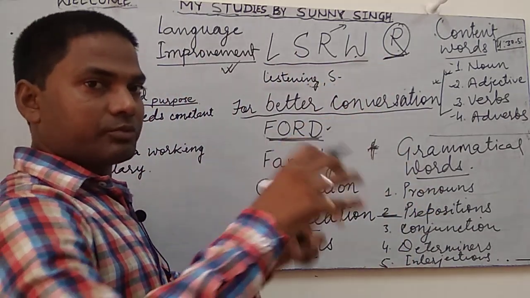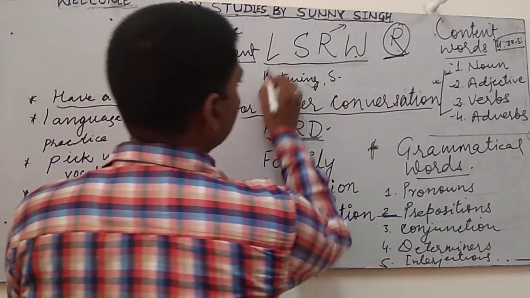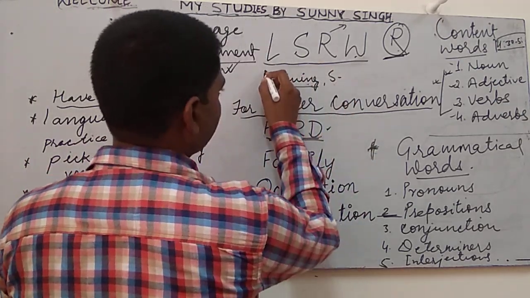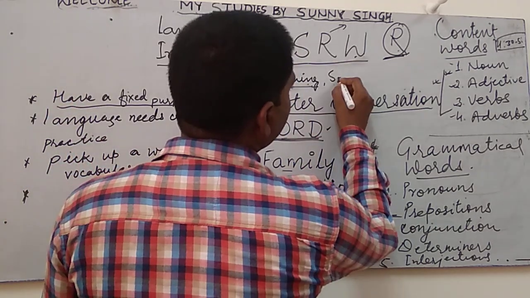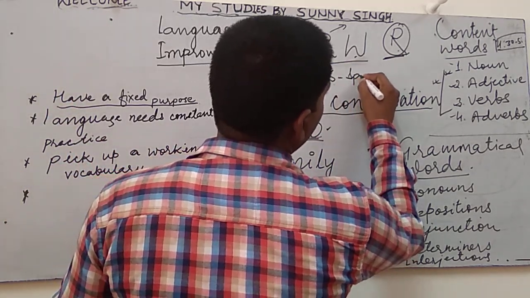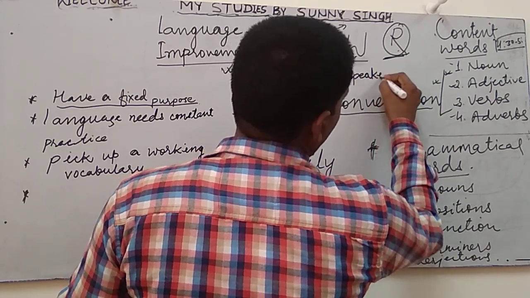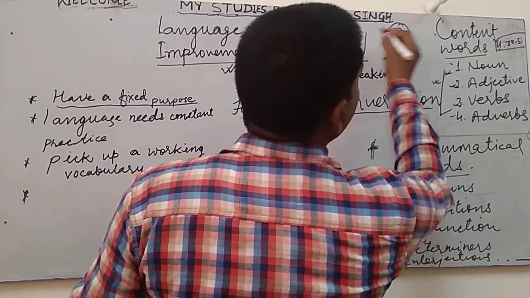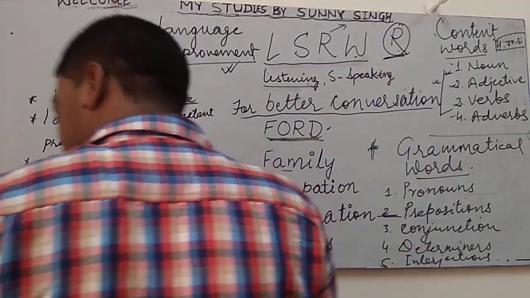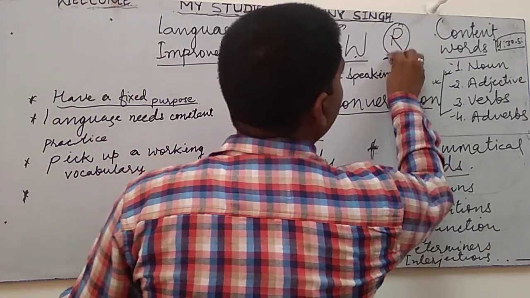जब आपको लैंग्वेज पे improve करना हो, ग्रिप बनाना हो, सबसे पहले तो LSRW पे आपको सोचना होगा. First one is listening. L stands for listening. S stands for speaking. R, of course, R stands for reading.